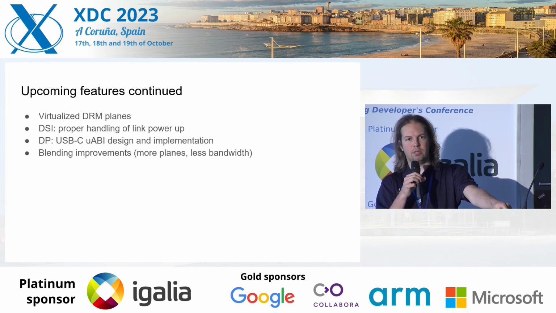DSI, yeah, it is pretty good. It has been in the kernel for quite a long time, but there was an issue that has been there for as long as there was support for DSI. DSI doesn't fully fit into the DRM's idea of states. It has a third state where the link is already up, but there is no video signal, and there is no place for that in the DRM framework.